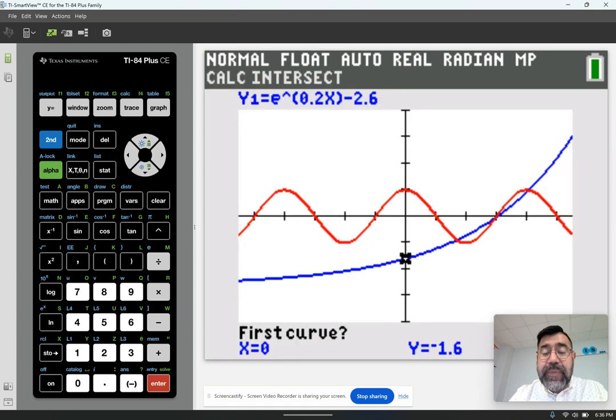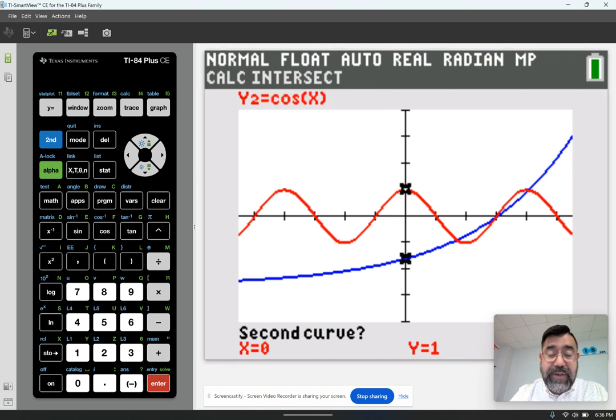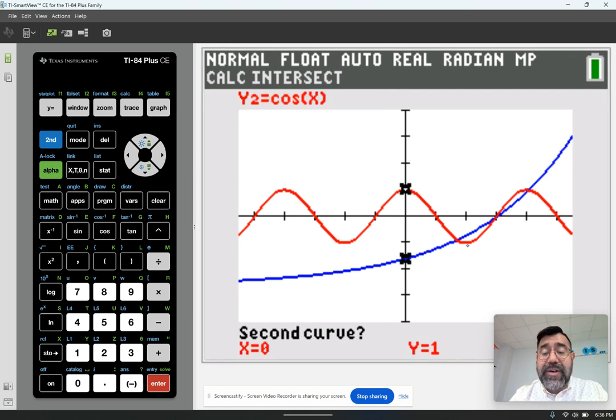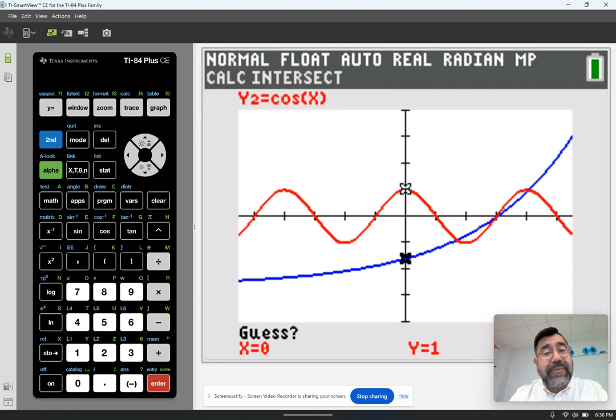Press enter. It's going to ask you a couple of questions. Number one, is this blue curve the first curve that you want to find the intersection for? Well, yes, that's one of the two curves. Press enter. And it's going to say, is this the second curve you want to find the intersection for? You say yes, press enter. Do I want to take a guess? I really don't. I could guess that it's close to pi, maybe.